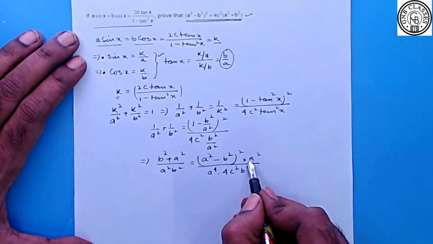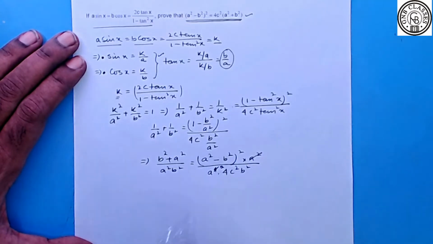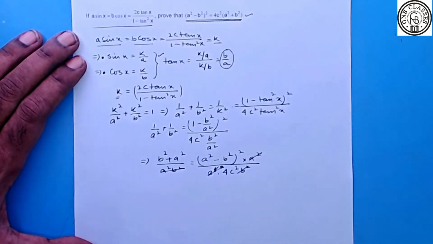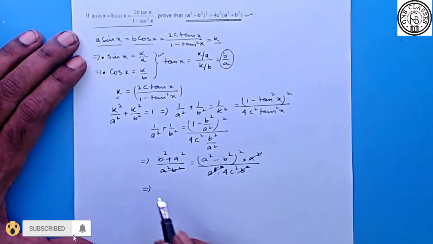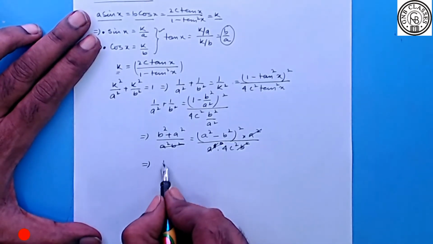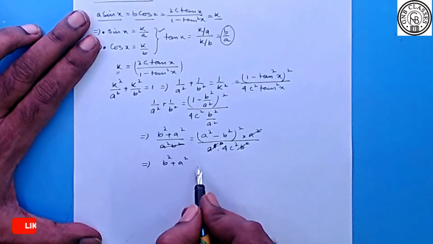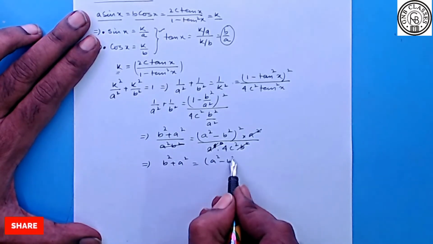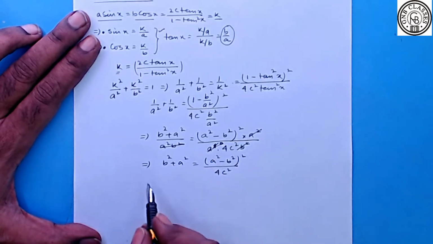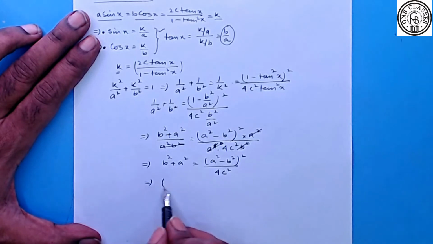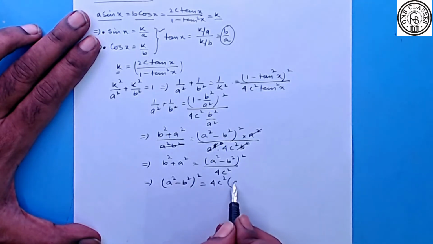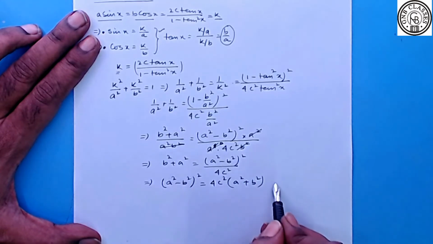Is it okay? So I can cancel this. In the denominator, a square and b square go off from the left hand side. So we are left with b square plus a square equals (a square minus b square) whole square divided by 4c square. Simply cross multiply and get the answer. So (a square minus b square) whole square equals 4c square (a square plus b square).